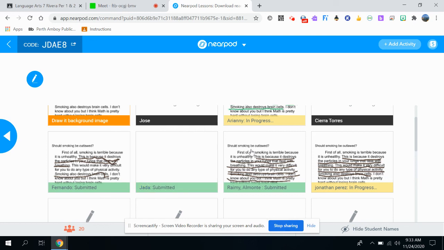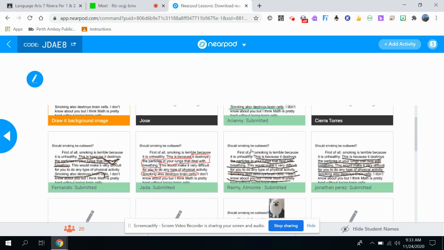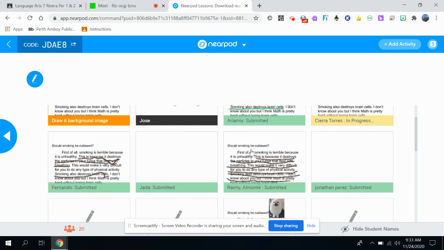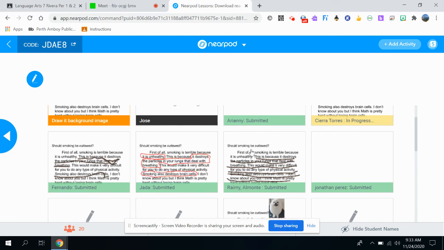Yeah. What you should have realized is that everything on that paragraph should be underlined except for what, Ramy? Everything should be underlined in this paragraph except for what?